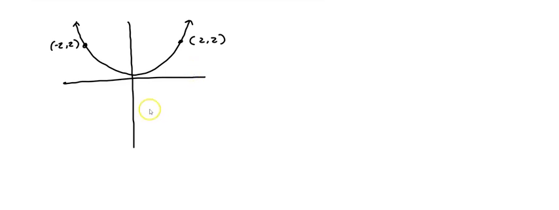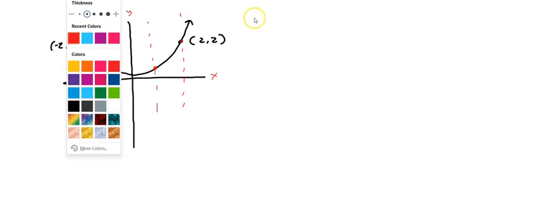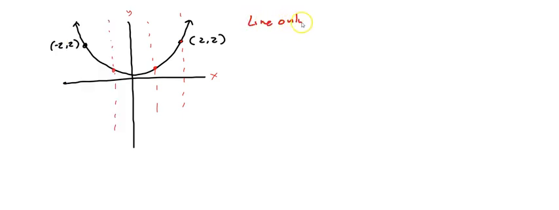The vertical line test says this. I should be able to draw a vertical line going up and down, basically parallel to the y-axis, and it should only hit a point one time. Notice here, it hits a point here. If I want to come over here and draw a line, it only hits a point here. The line only intersects one point only.